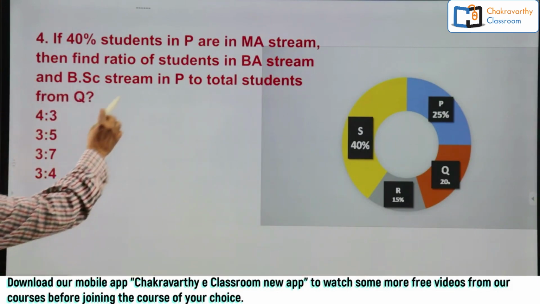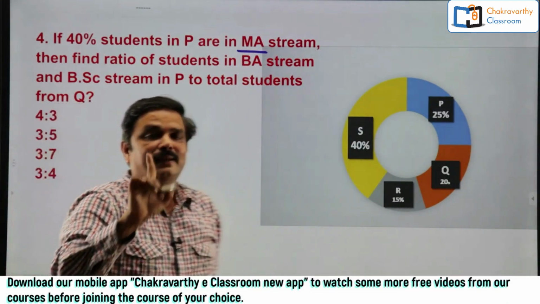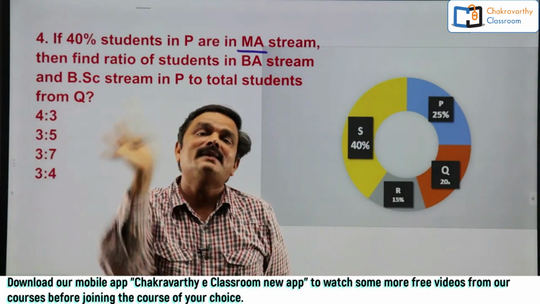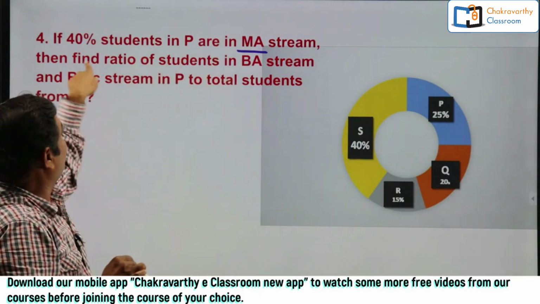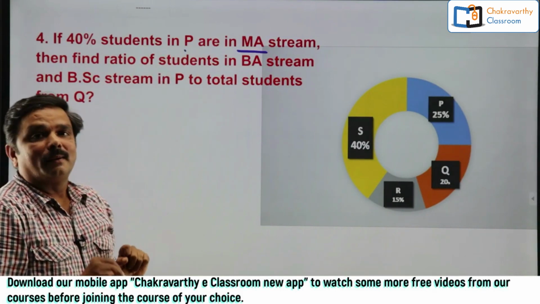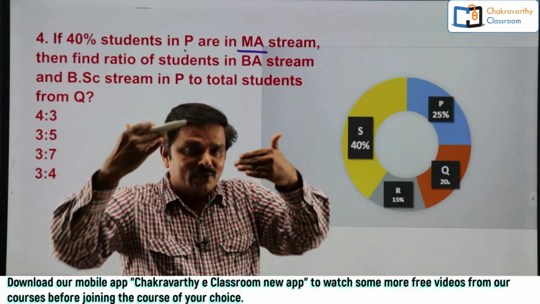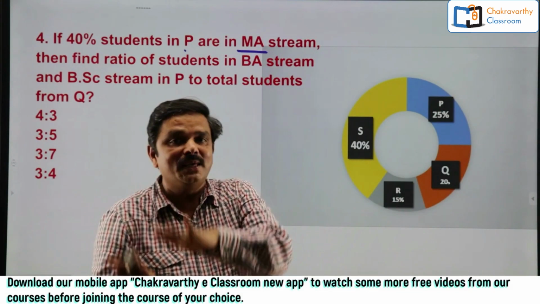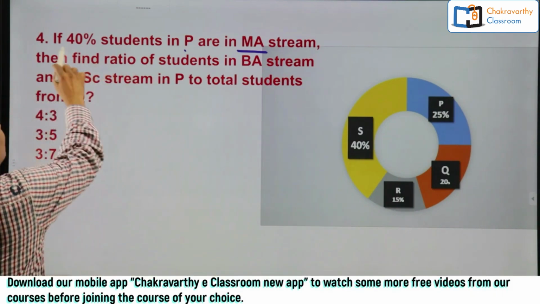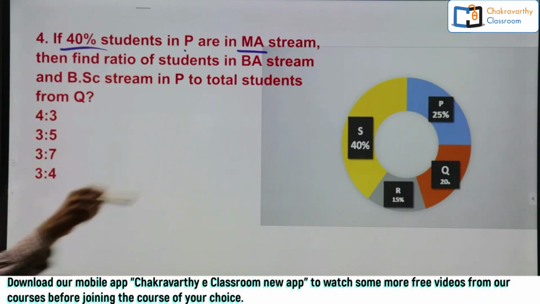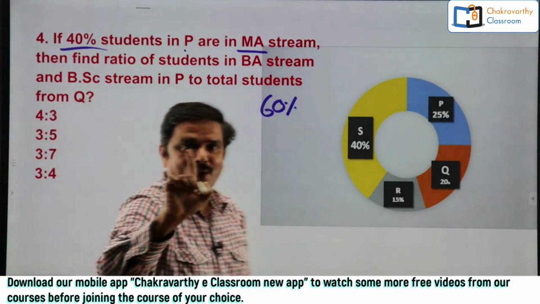If 40% of the students in P are in MA stream, when 40% are in MA stream, the remaining 60% are from BA plus BSc stream in college P. My question is not based on MA students. My question is based on BA plus BSc students in college P. So I am not concerned with this 40%. Rather, I am concerned with the remaining 60%. Remember this. One point is over.